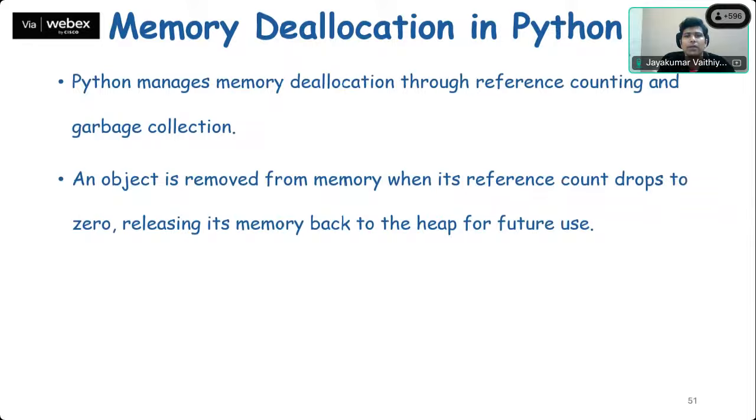Okay, so whenever an object is removed from memory, its reference count drops to 0. It will release memory back to the heap. Okay, so this is how it will automatically allocate and deallocate memory. Whenever that object exists in the life cycle, it will keep your memory. If the object is removed from memory, it is automatically deallocated from your device.